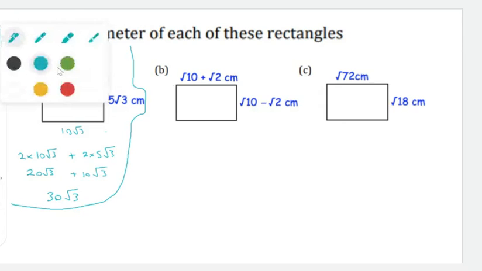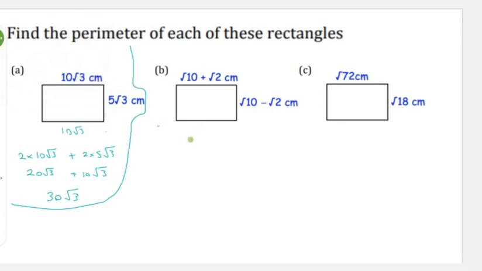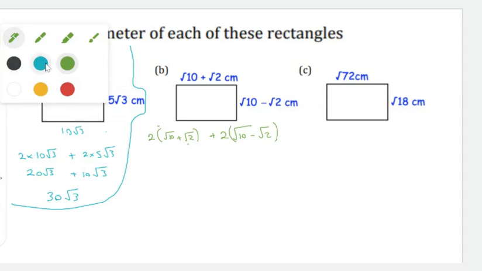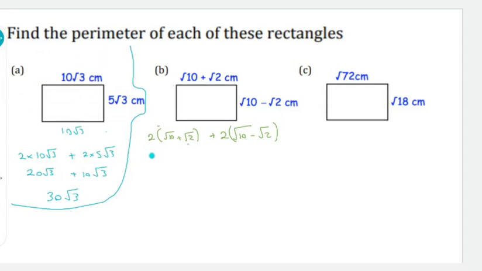So, okay. And then the next one. The next one I did 2 times root 10 add root 2. Okay, so two lots of root 10 add root 2, which gives what? Add 2 times root 10 minus root 2, which gives me, for the first one, 2 root 10 add 2 root 2.